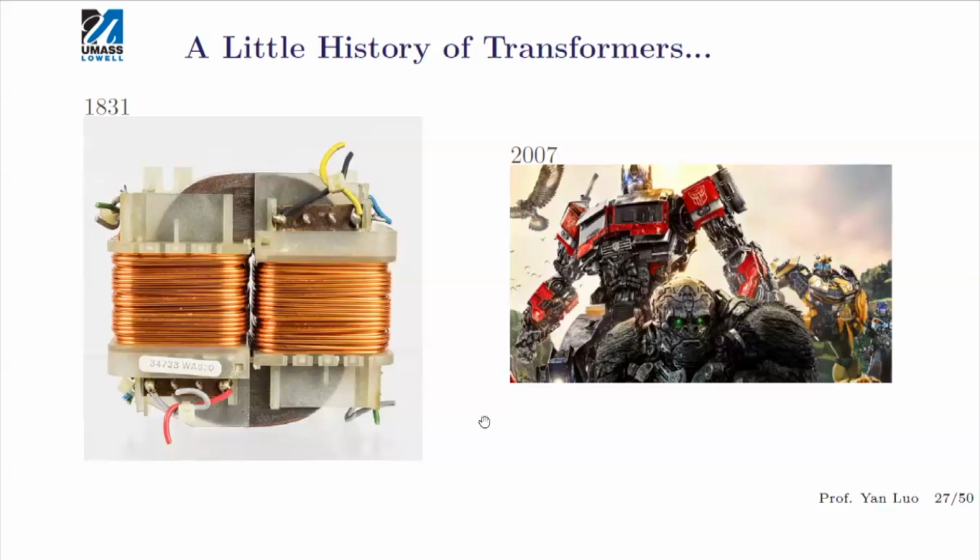Transformers. Should probably tell this is a joke. So Transformers, as you can see, that was invented in 1831 as a way to impact through these coils to affect the electromagnetic field.